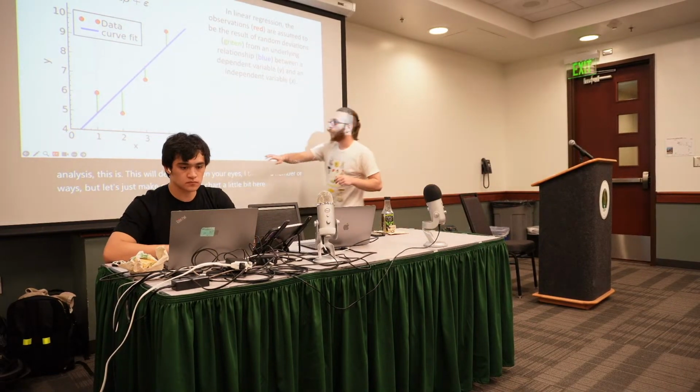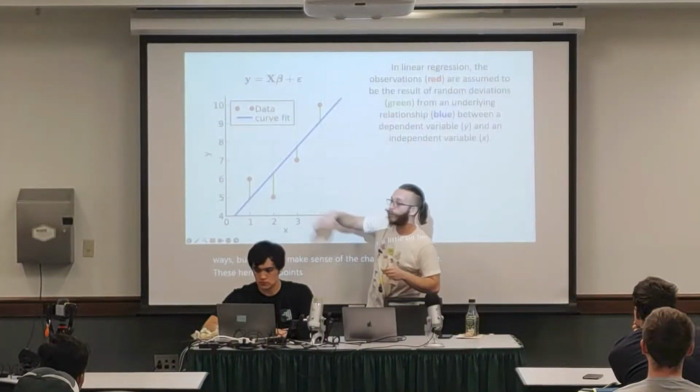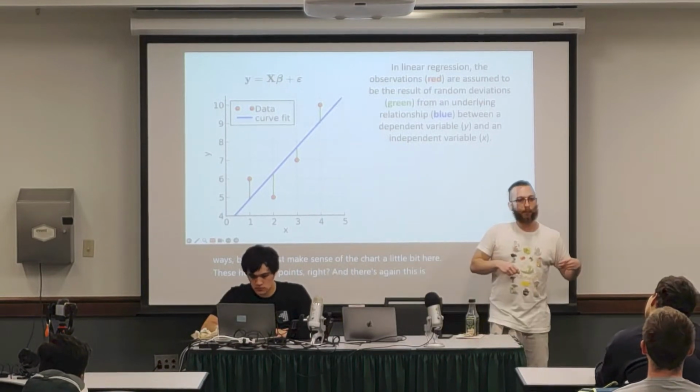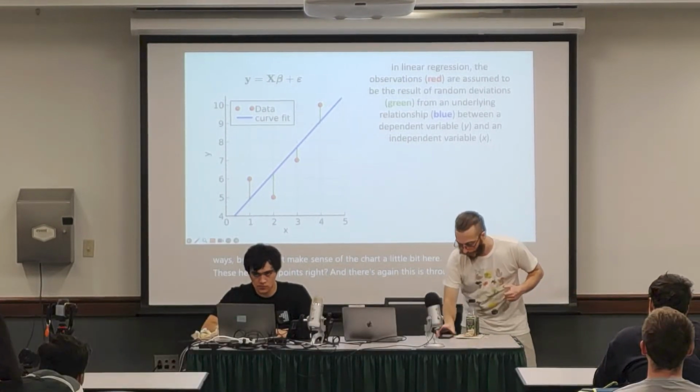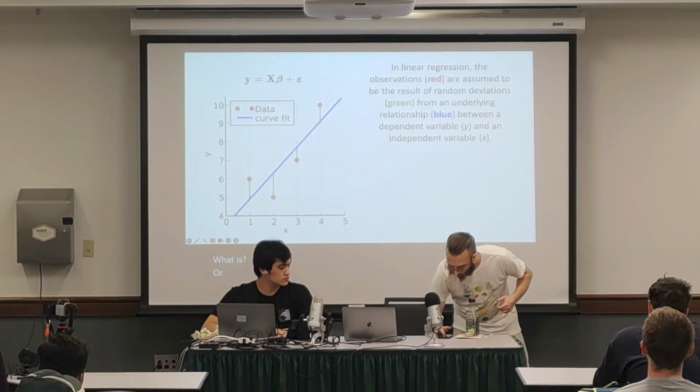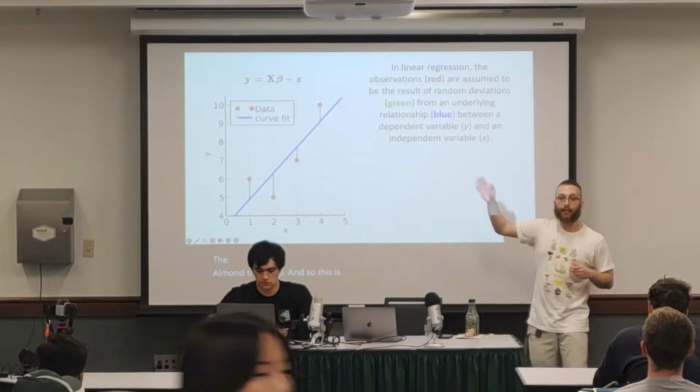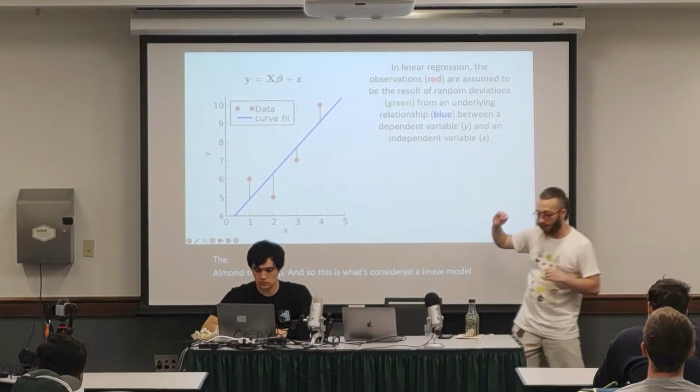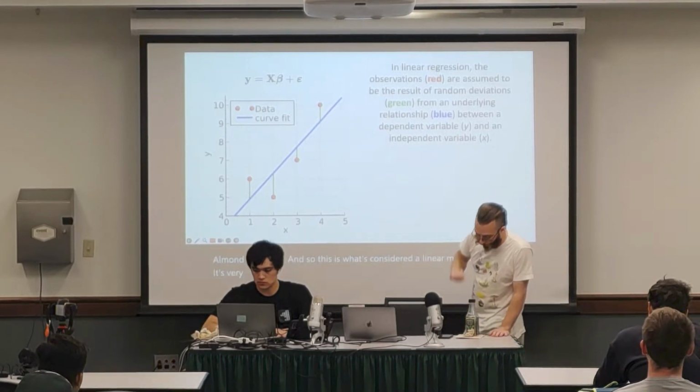These here are data points, right? And this is, again, for the almond tree, yep. And so this is what's considered a linear model, right? It's a very simple linear model.